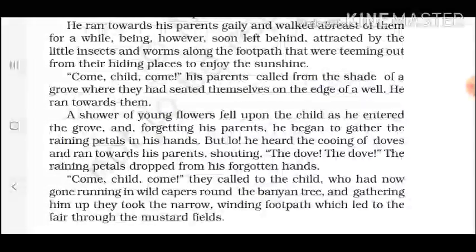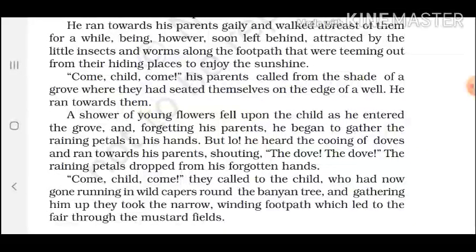A shower of young flowers fell upon the child as he entered the grove. As I have told you, the meaning of grove is a group of small trees. So the moment the child entered the grove, flowers started falling on the body of that boy.